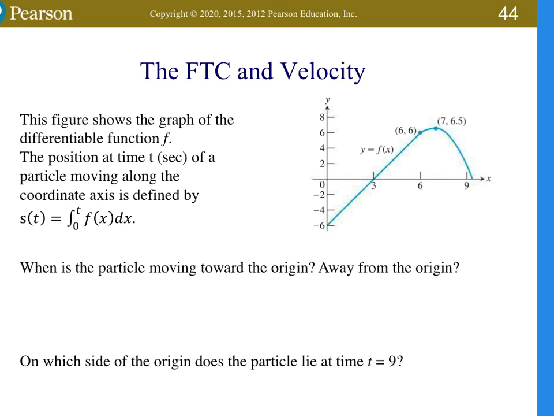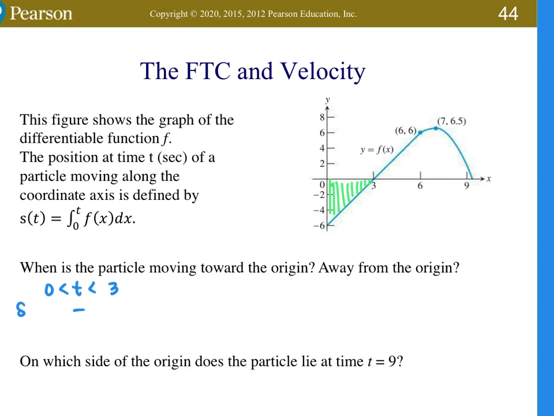So it's important to know when this has positive position and when it has negative position. From 0 to 3, the position is negative. That's the area that we accumulated.